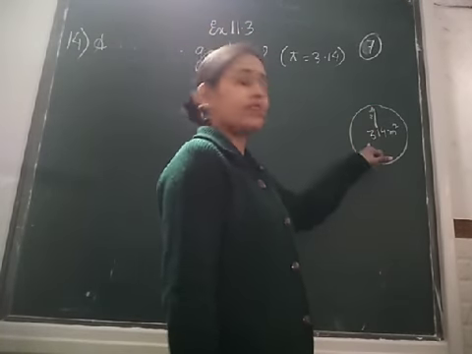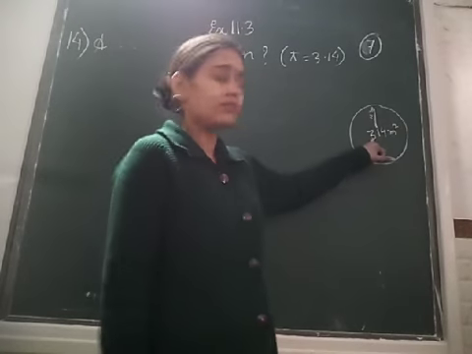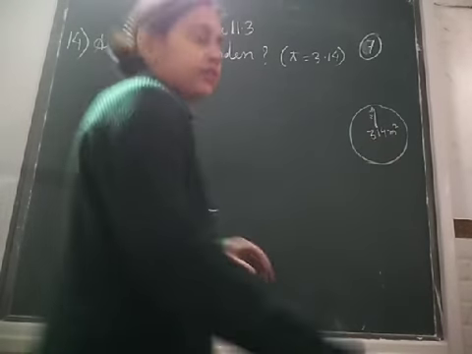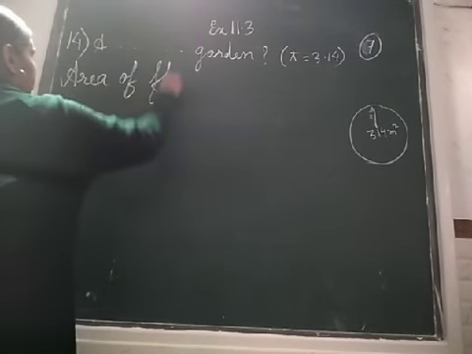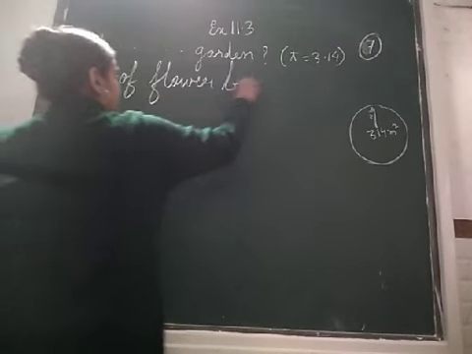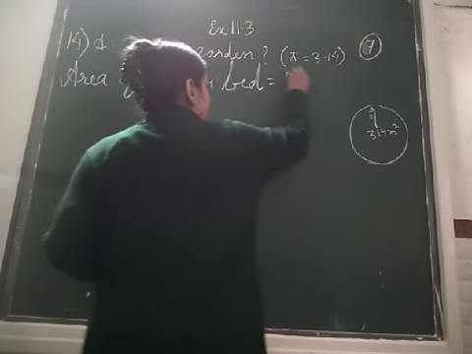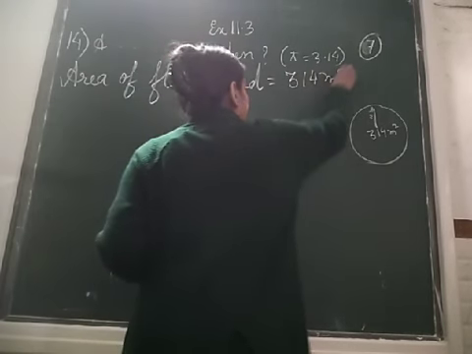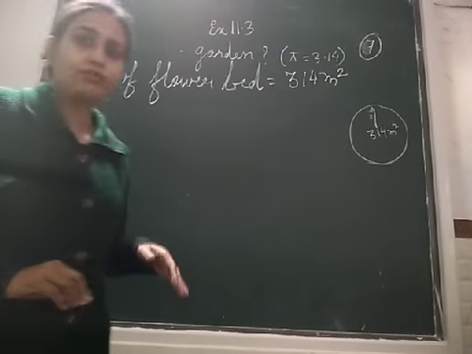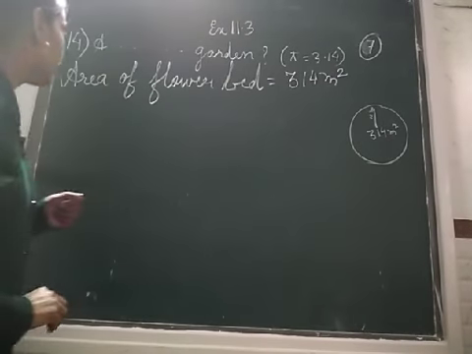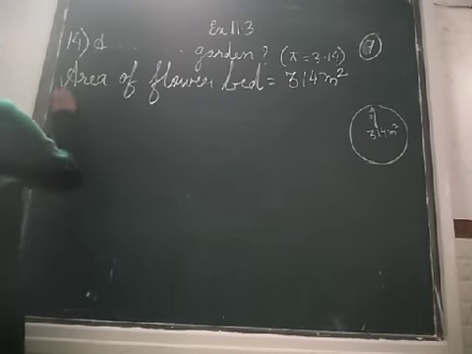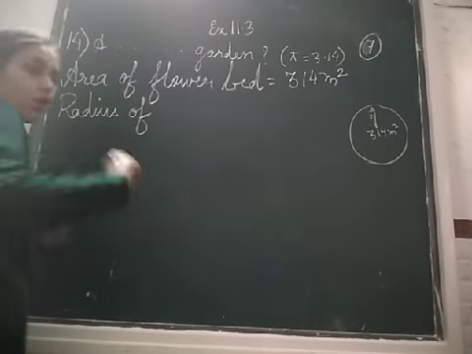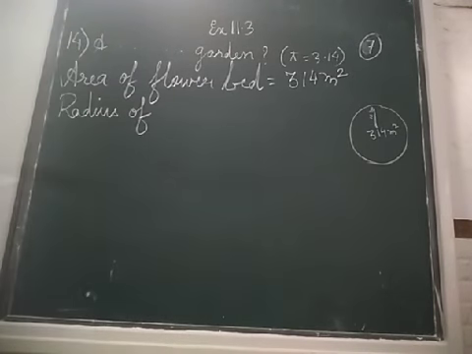So whatever is given, we are going to write that. What is given here? Area of the flower bed. So let's write that. Area of flower bed, that is 314 meters squared. And what else is given? Radius. We have to see the question part. What is written in the question?